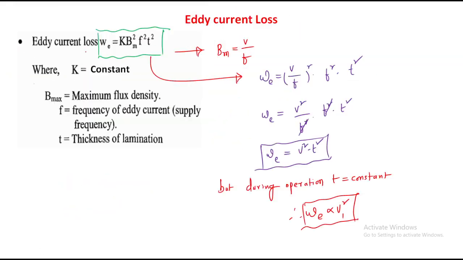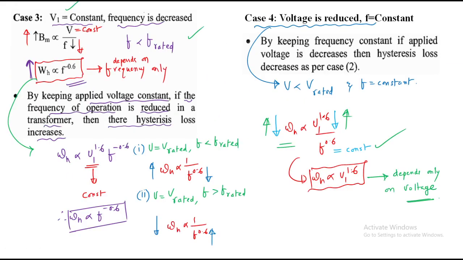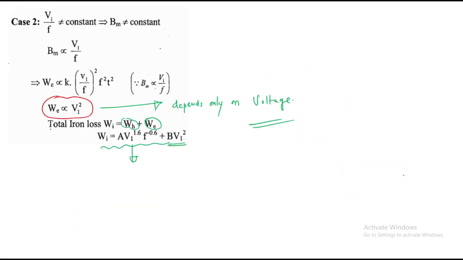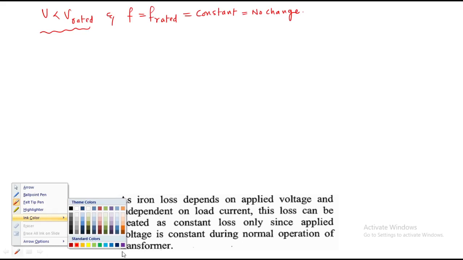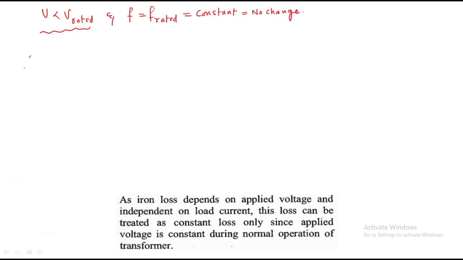From this case, V is reduced and F is constant. Obviously the hysteresis loss depends only on frequency. Listen carefully, all of you. Therefore hysteresis loss is proportional to V1 power 1.6. Frequency is constant, so the hysteresis loss is always proportional to supply voltage power 1.6.